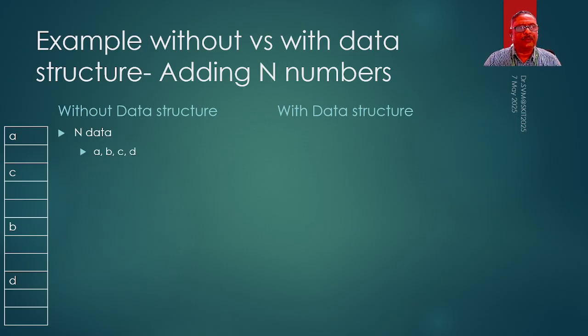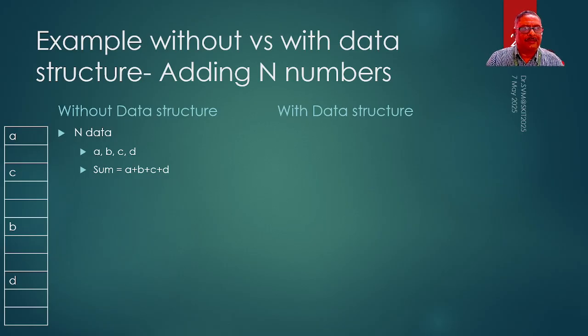And if I want to add these numbers A, B, C, D, then I have to say sum is equal to A plus B plus C plus D. And if instead of four, there are five, then I have to say A plus B plus C plus D plus E, and so on. And if there are 100, then I have to keep on writing all 100 elements, A plus B plus C plus D plus everything like that.